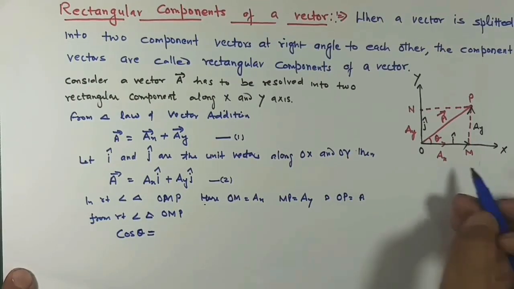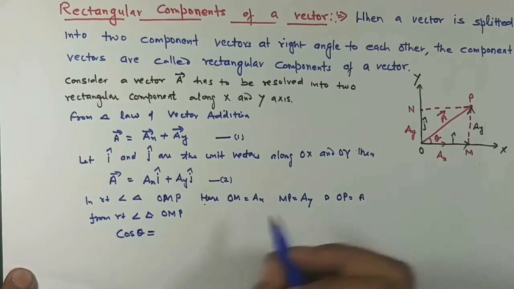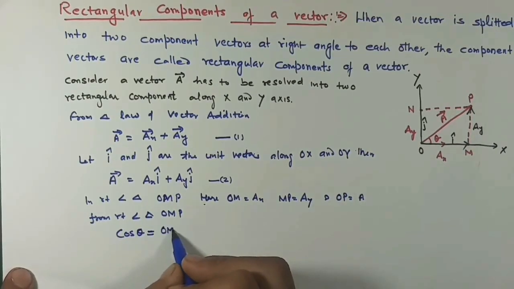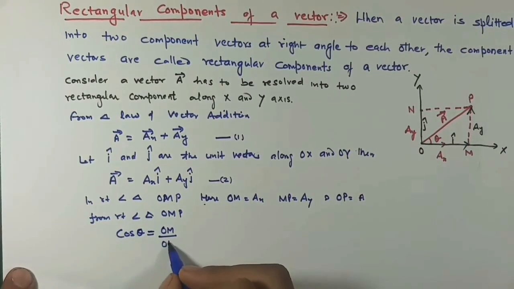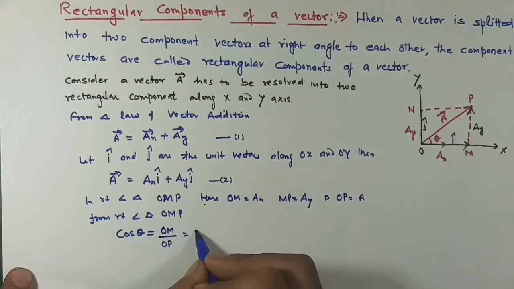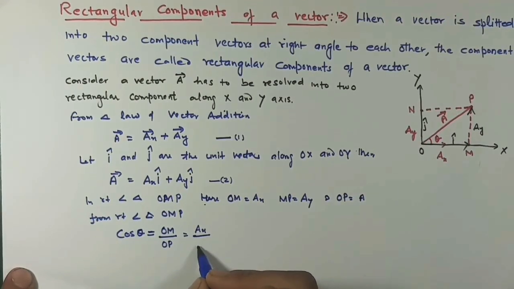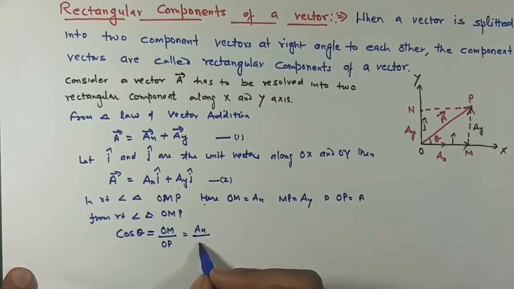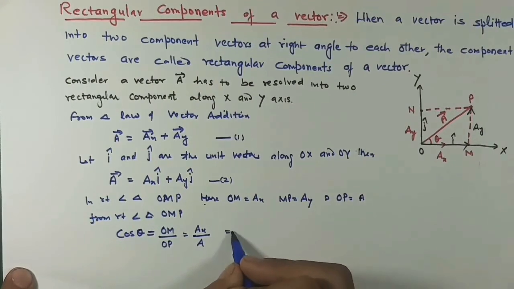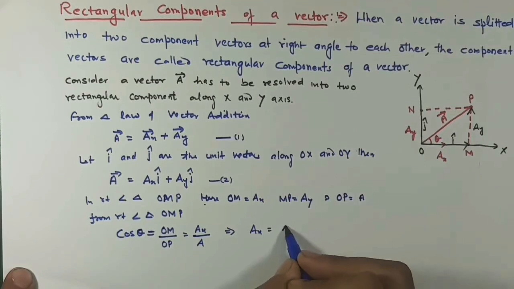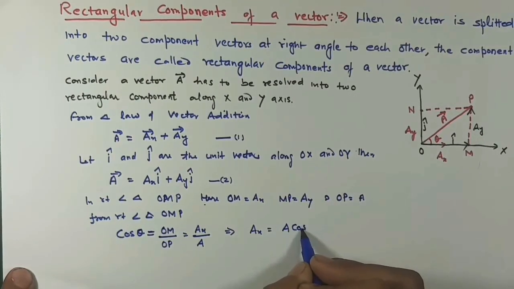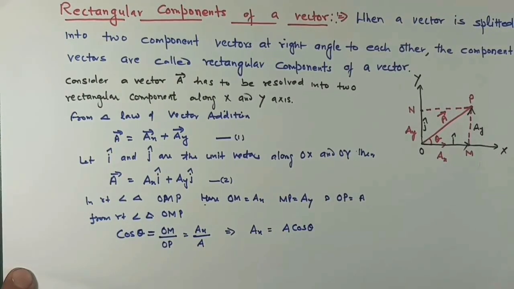So base is OM upon hypotenuse is OP, or you can write it as AX upon A, or it implies AX is equal to A cos of angle theta, right?